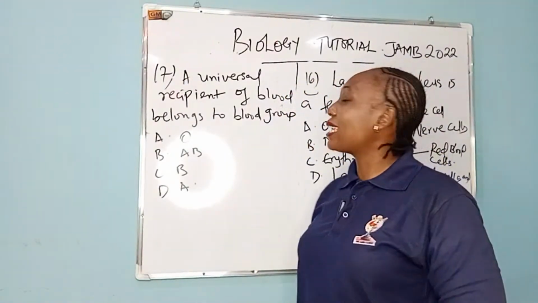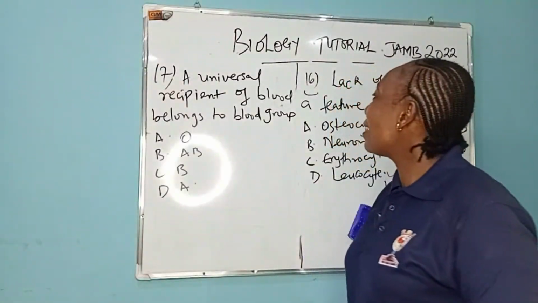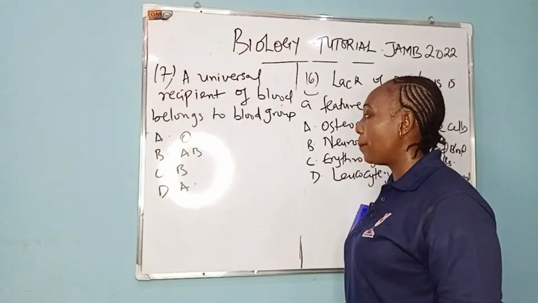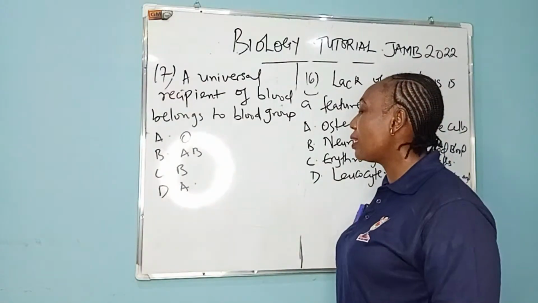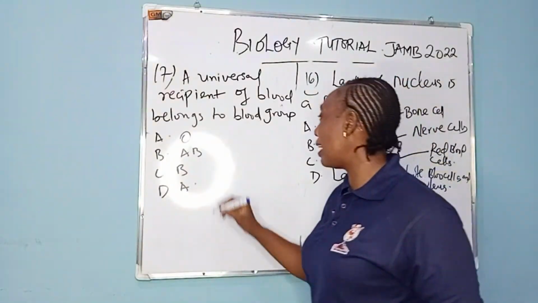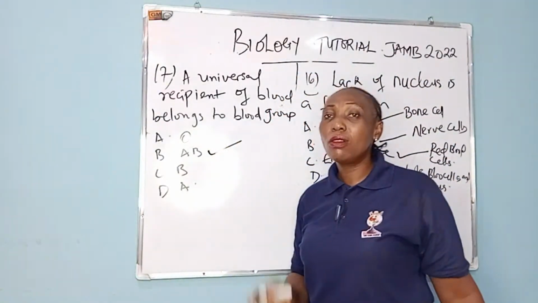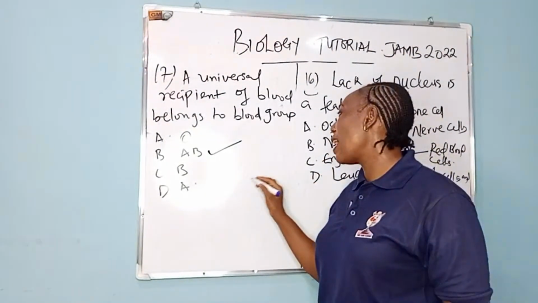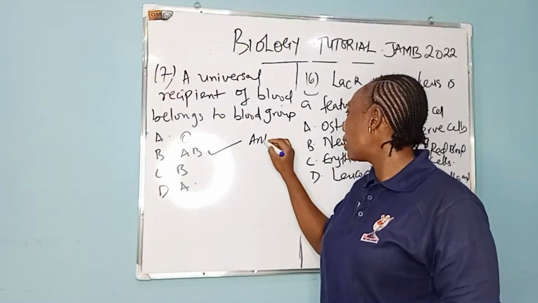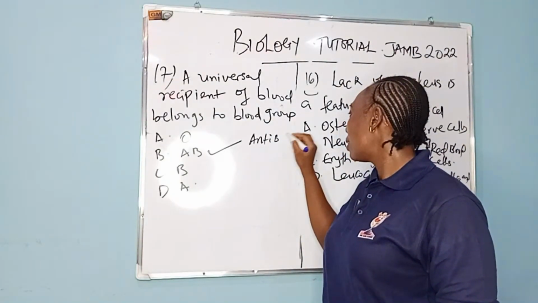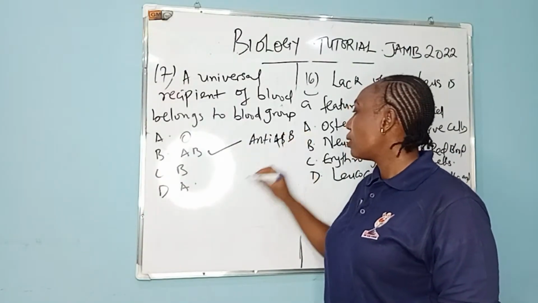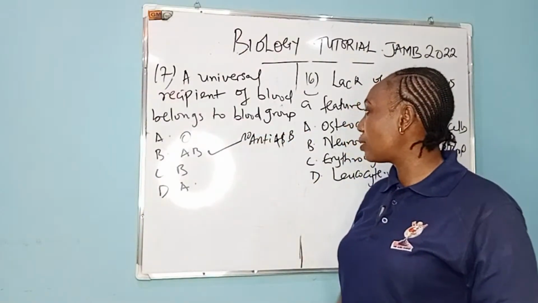So let's go. 17. A universal recipient of blood belongs to blood group A, O, B, AB, C, B, D, A. The correct answer here is blood group AB. You know why? Blood group AB has no antibodies. It does not have antibody A and antibody B. No antibodies.